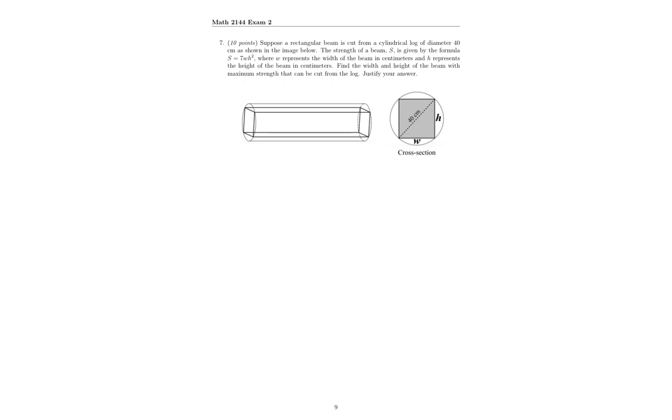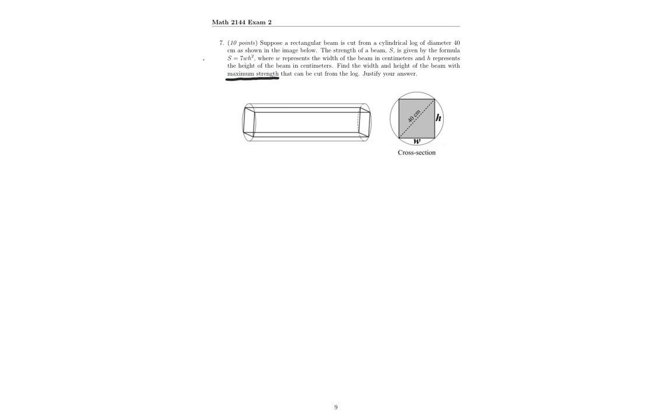Okay, so this maximum strength is a dead giveaway that I'm working with an optimization problem. I want to find the maximum strength. So for an optimization problem, I need an objective function and I need a constraint equation, right? That kind of limits my variable.